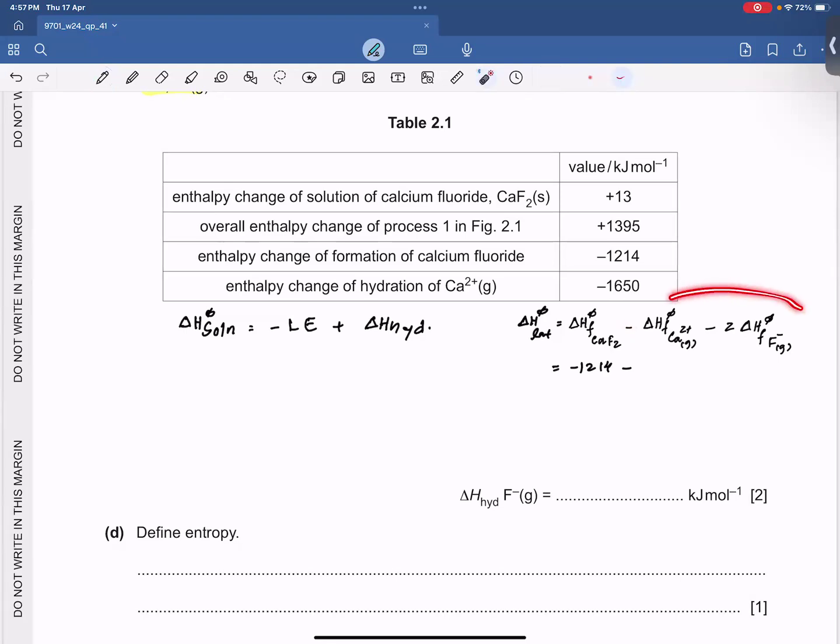And instead of giving these two values, the examiner has given us the overall value of these two steps, which is plus 1395. So it's minus 1214 minus 1395. Let me calculate the value of lattice energy from here. 1214 plus 1395 is going to be 2609.